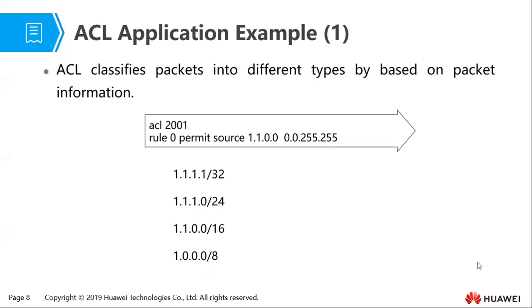But what if it matches a rule that has a deny? At this particular point, we can either have a permit or a deny. So what if we match a rule that is deny? What happens to that packet?